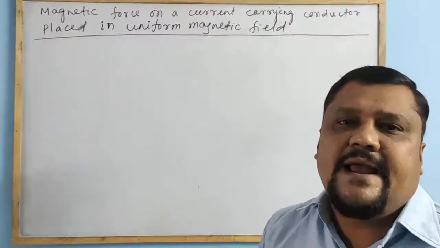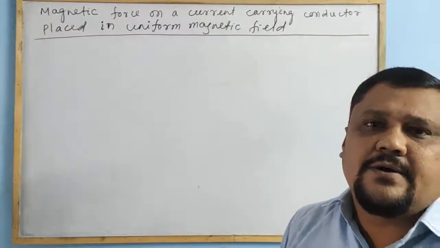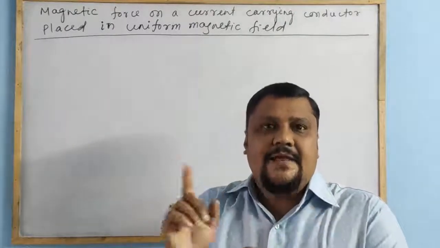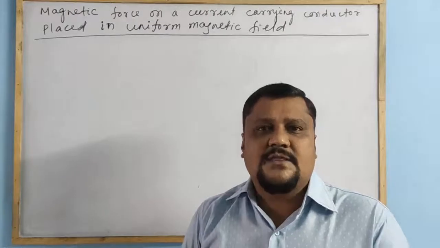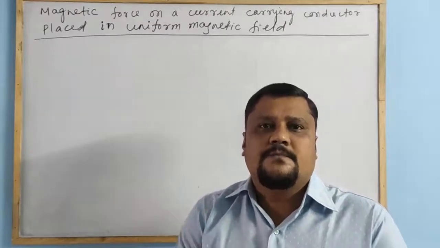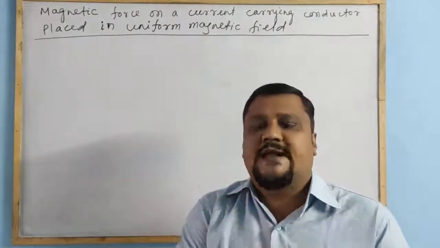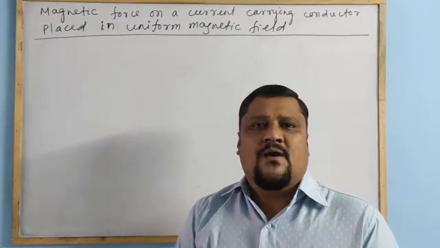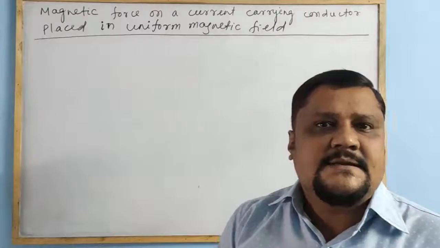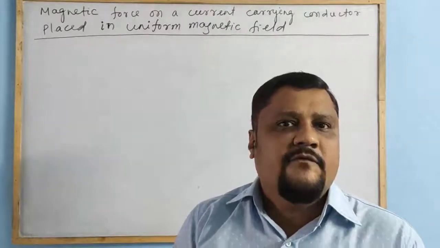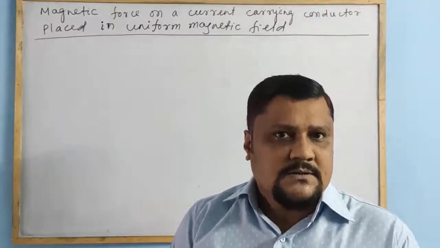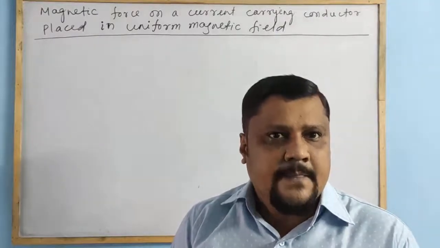Magnetic force acts on the conductor. First we should be clear: is there any magnetic force acting on the conductor? Yes or no? Yes. Magnetic force acts on the conductor. Why? As you know, a current carrying conductor consists of free electrons, and the electrons move with drift velocity.